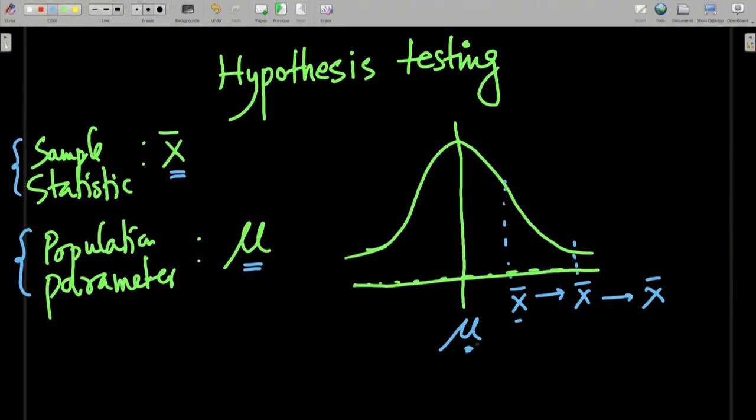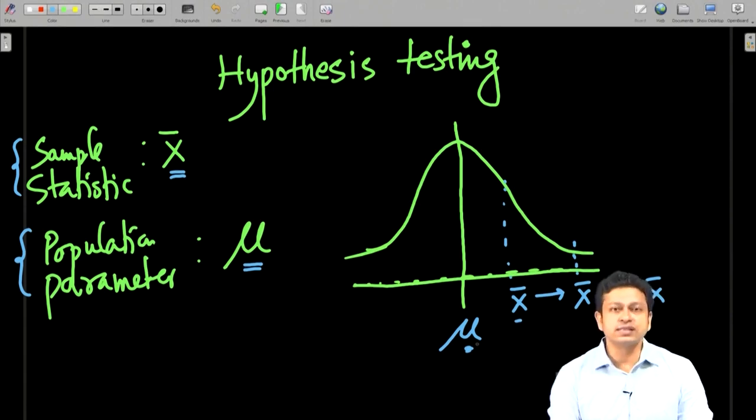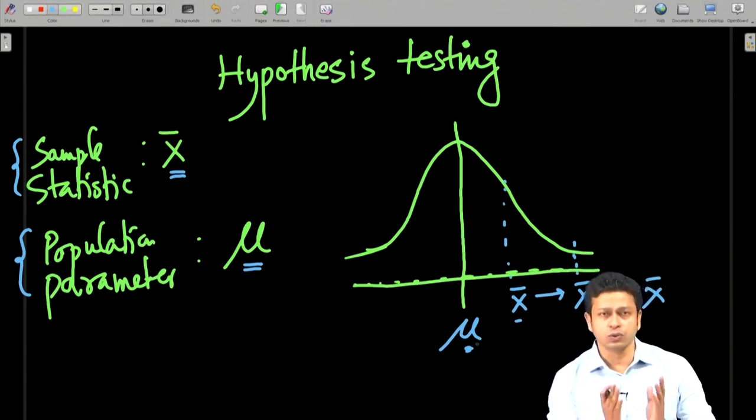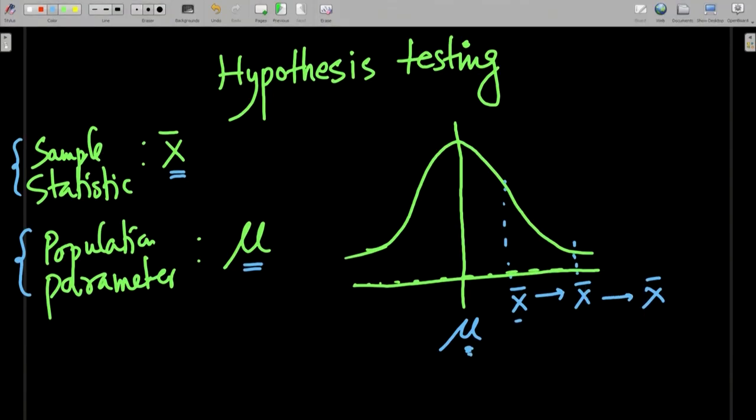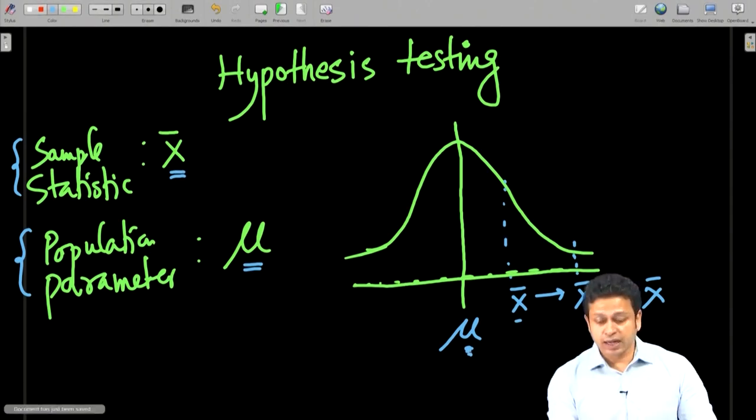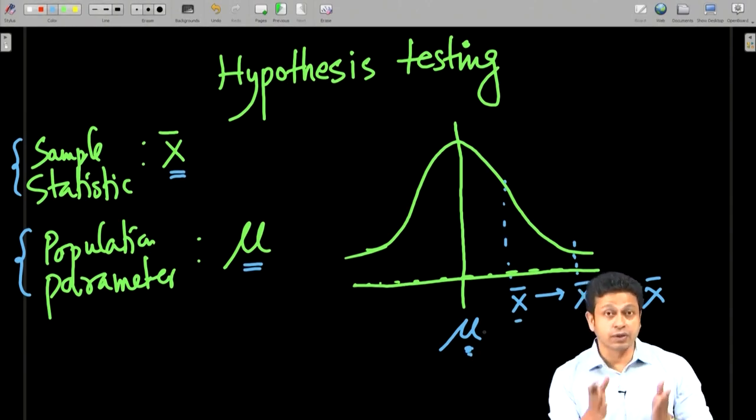To do that, there are two things you have to keep in mind. One is how close I want the x bar to be to the true mu. If it is very close, I can say with certainty that it seems the x bar is representing mu, and if it is a little far, then we have to have a decision rule.